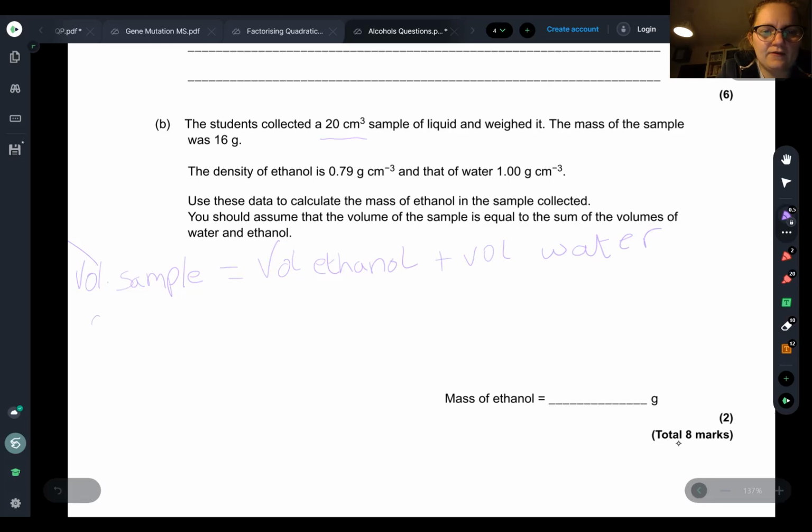So that is 20 cubic centimeters, and the mass of the sample is 16 grams. So our mass is going to be mass divided by our volume, which is 0.79 plus our 16, divided by 1. That will give us 1.266.